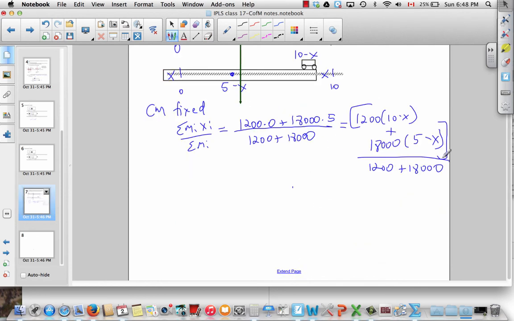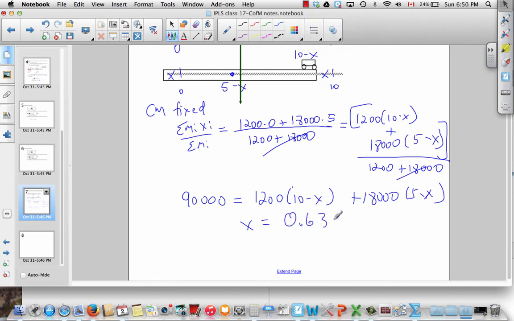And so we can solve this. This just cancels out because it's the same on both sides. Let's see, 5 times 18,000 is 90,000, so it's going to be 90,000 is 1,200 times 10 minus x plus 18,000 times 5 minus x. We can solve that for the value of the variable x, which is how far the ferry moves as a result of the car driving to the end.